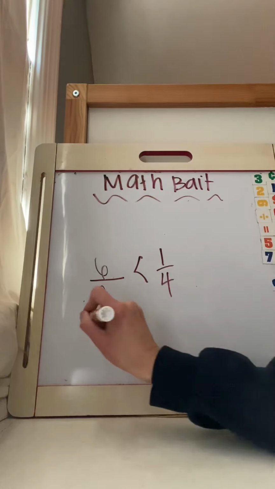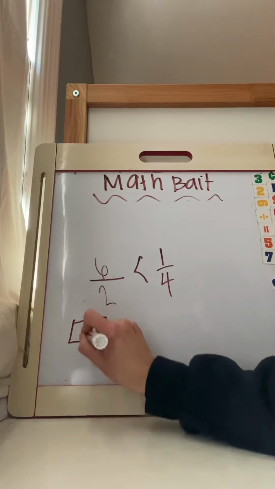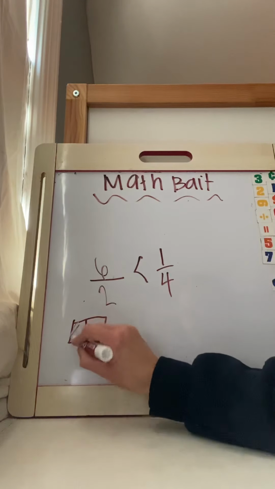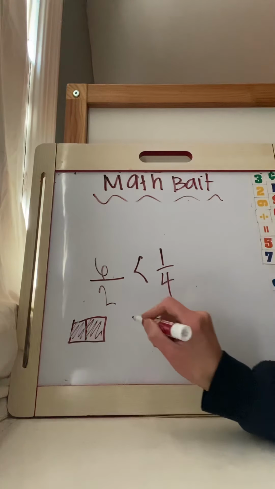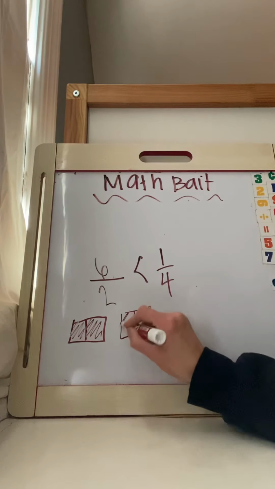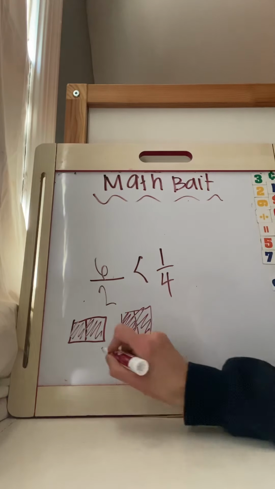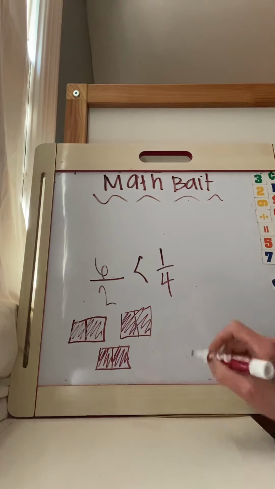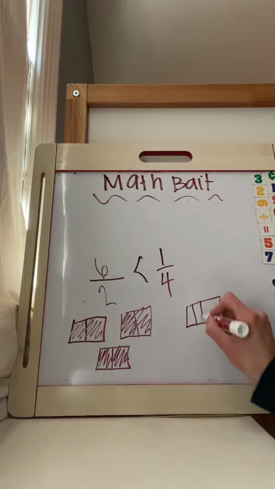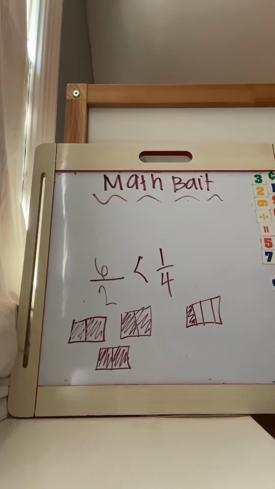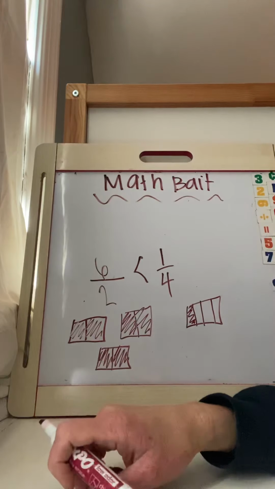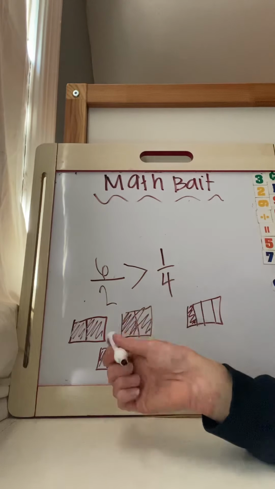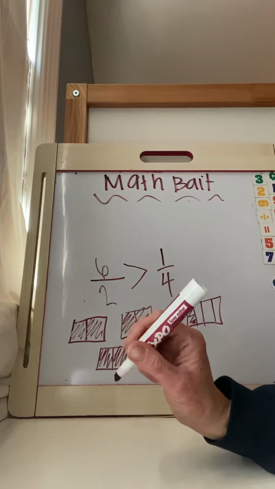So 6 out of 2 means that I'm going to have more than 1 candy bar, because 2 is my denominator, so it's broken up into 2. Well, that's 2 out of 2. This would be 3 out of 2, 4 out of 2, 5 out of 2, 6 out of 2. And then this would just be 1 candy bar that's broken up into 4 pieces, and I ate 1 of the pieces. Here I would have eaten 3 whole candy bars. So that is not true. Remember, when your numerator is bigger than your denominator, that means you have more than 1 piece.